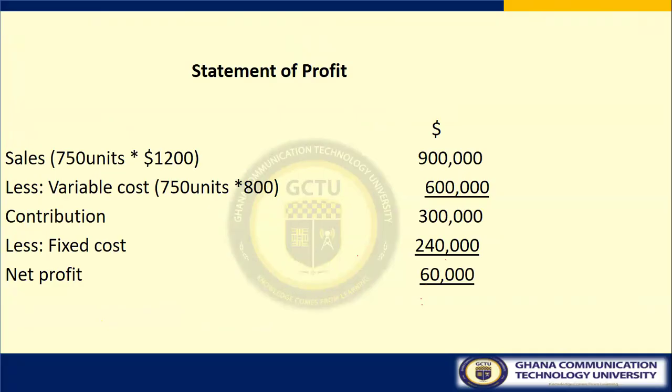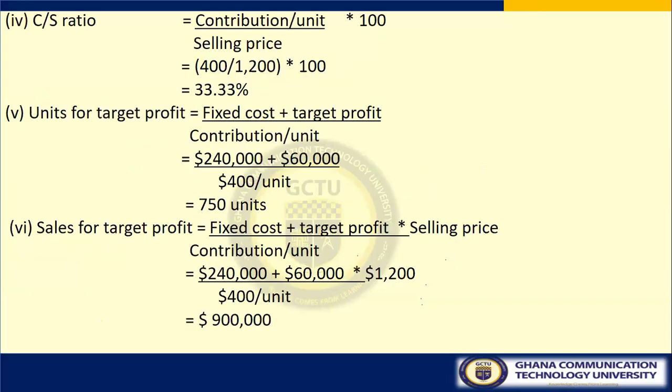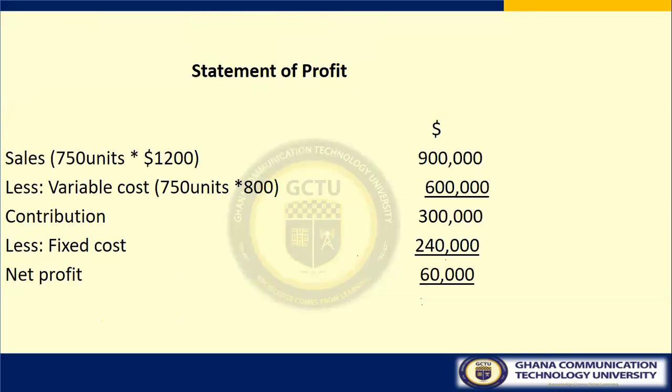Someone will ask, how do you get the 750? In our calculations, the 750 units is the target profit. If you want to achieve a profit of 60,000, we have to sell 750 units, and the selling price is 1,200, so total sales is going to be 900,000.